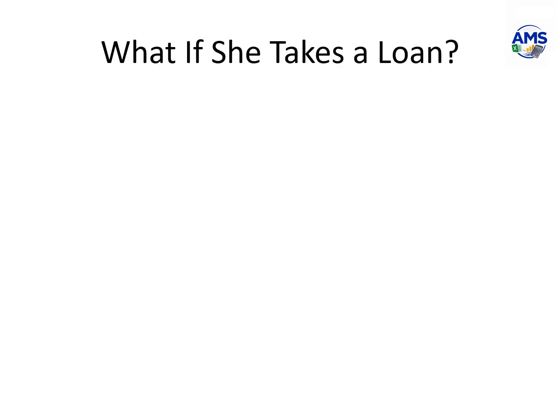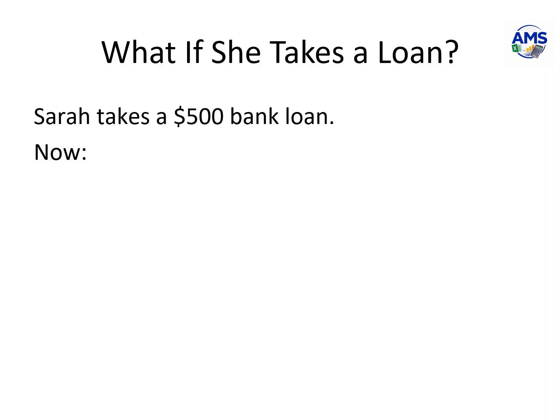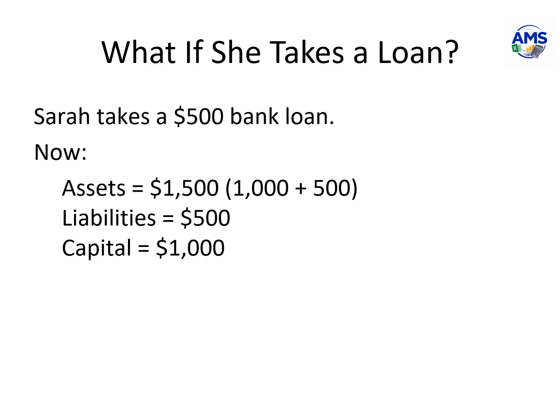Let's look at what happens if she takes a loan. Sarah takes a $500 bank loan. Now the equation is assets equals 1,500. Liabilities is now $500, capital is now $1,000.